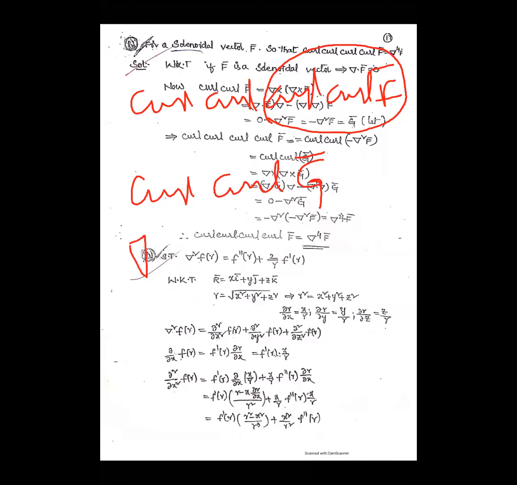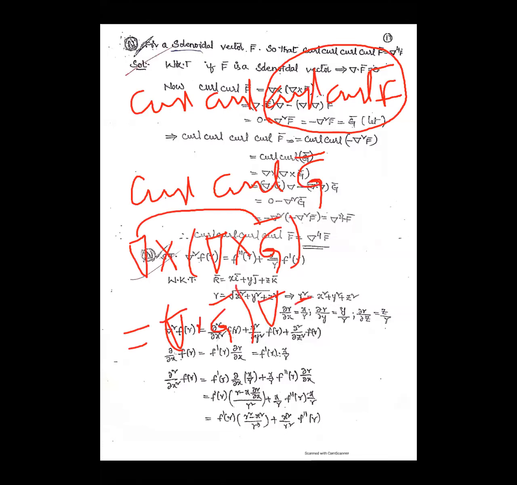Next, we write the curl of G bar symbolically as del cross del cross G bar. Again we apply the formula A bar cross B bar cross C bar, like 1 into 3. So del dot G bar into del minus 1 into 2, del dot del, into G. We know that F is solenoidal, and G is also in terms of F. So automatically G is solenoidal.